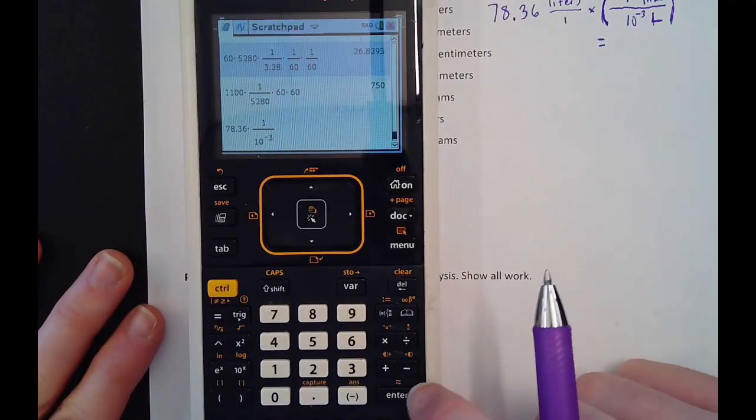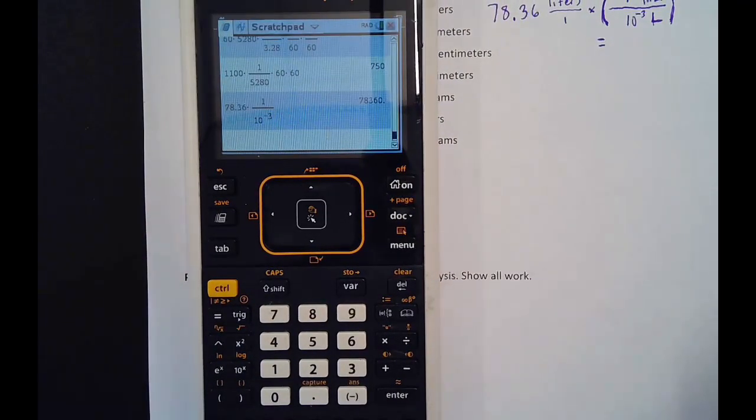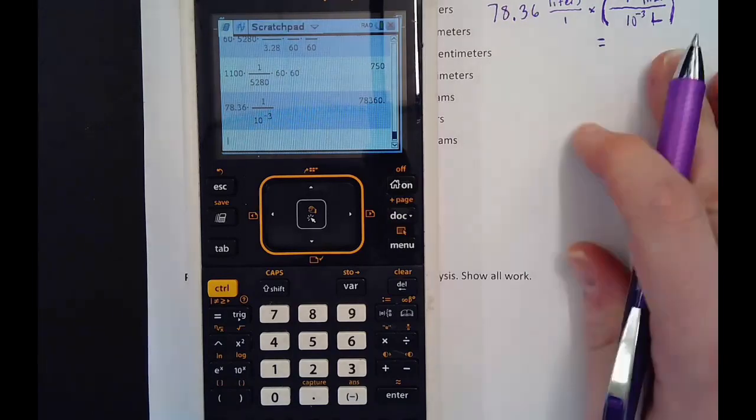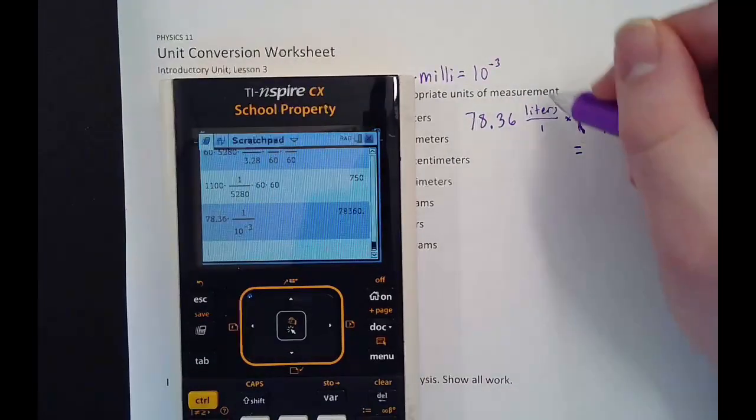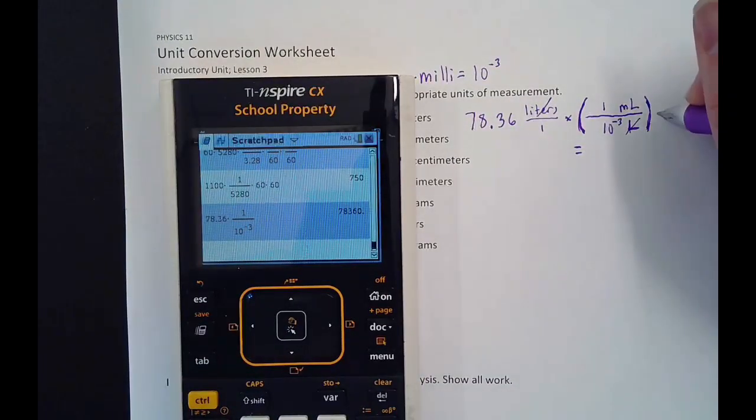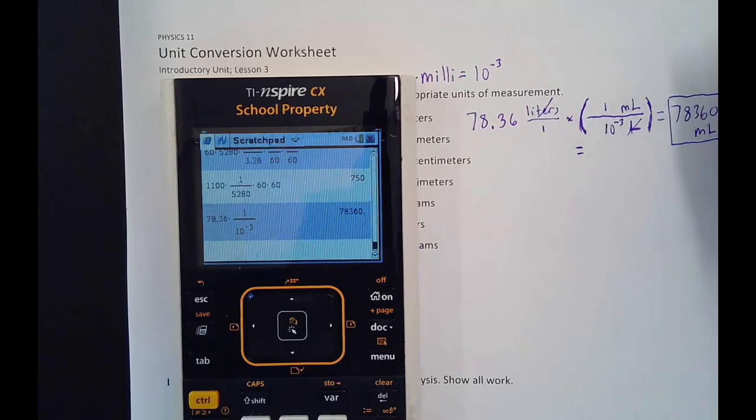Press enter. Let's make sure our units work out here. We have liters canceling with liters. We're left with milliliters, and we have 78,360 milliliters. And that number should make sense. A milliliter is much smaller than a liter, so we'll need more of them to get the same value.